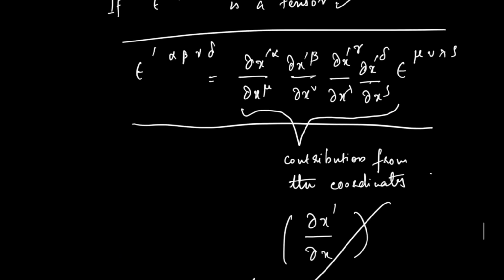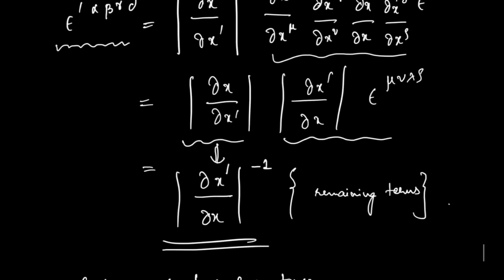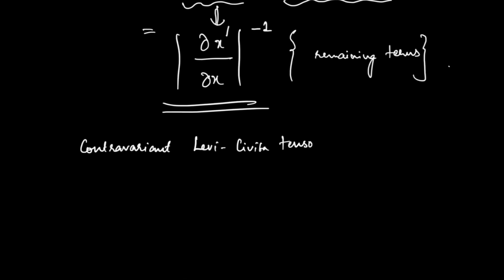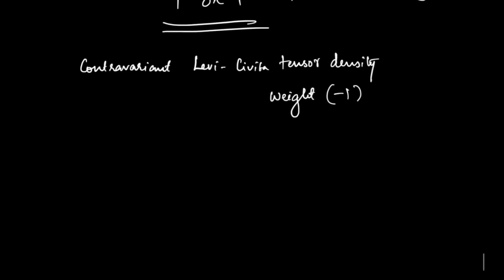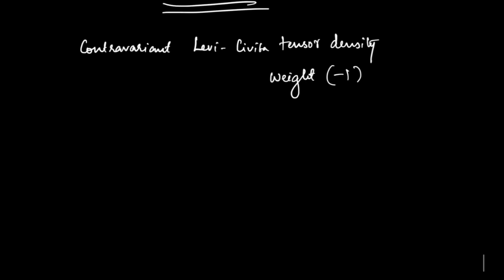It will change. So it is not a tensor, it is a tensor density. And the contravariant Levi-Civita tensor density must transform as a tensor density of weight -1. Similarly, I can say the covariant Levi-Civita tensor density must transform as a tensor density of weight +1.